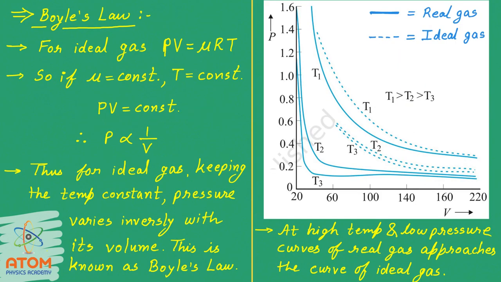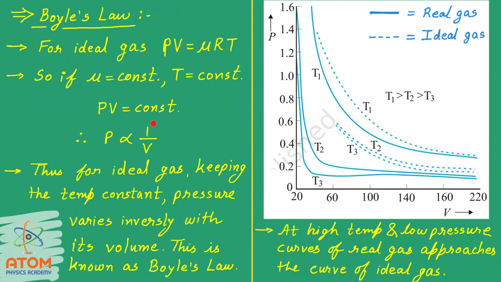Now here we will discuss Boyle's law and also prove that at high temperature and low pressure the real gas obeys Boyle's law. Let us see. For ideal gas we know PV = μRT is the equation. Now if μ, that is the mole number, is constant and T, that is the temperature, is also constant, then obviously PV will be constant.